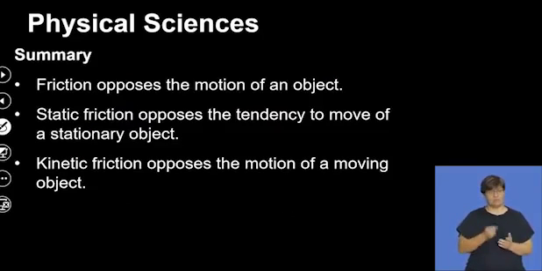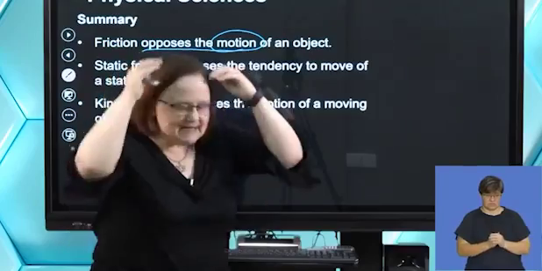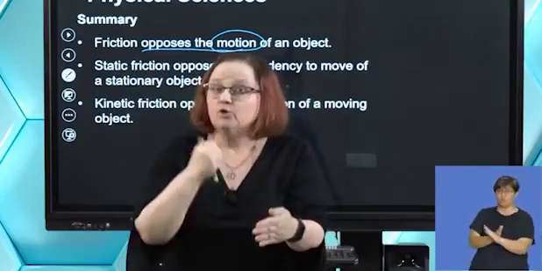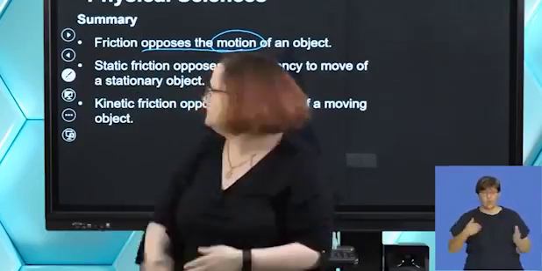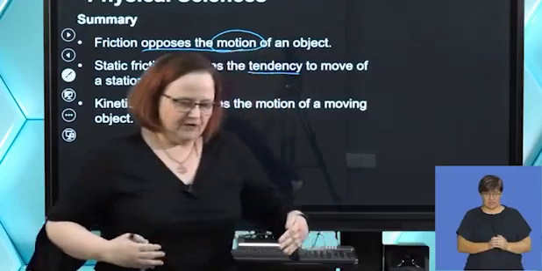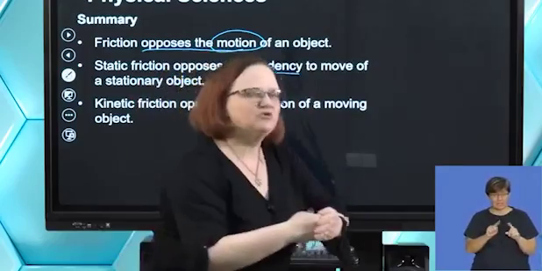All right, so, gave myself lots of space. Here's our summary of what we've done, okay? Friction opposes motion. Please, that's the important thing. It opposes motion, not applied force. Static friction is the tendency to move. This word's quite important because friction opposes motion, which I've just said to you, but with a static object, it's not moving yet.